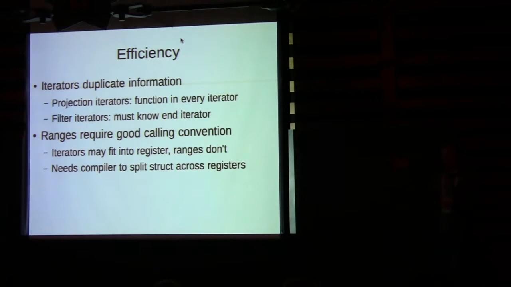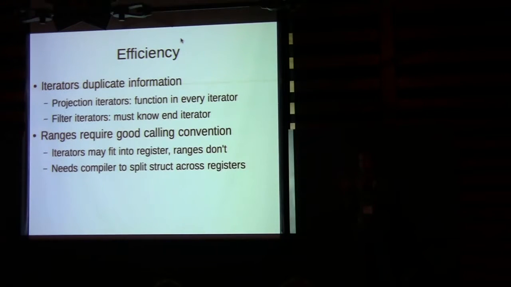And ranges are not all sunshine and daisies. If you have ranges, you need a good calling convention, because if you have a vector range, that range is going to consist of 2 pointers. If you have a function that takes 2 vector iterators, that function takes 2 pointers. That's 2 registers, right? That function will, in any modern calling convention, put the 2 iterators into registers and you're fine.